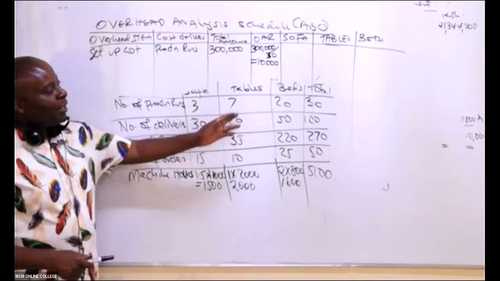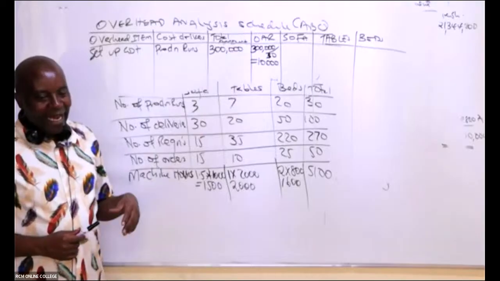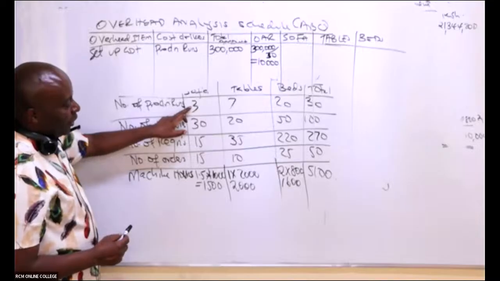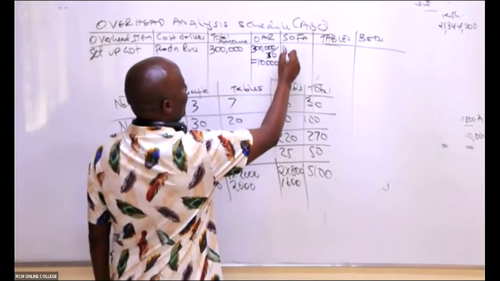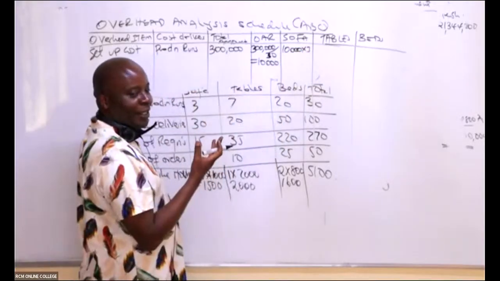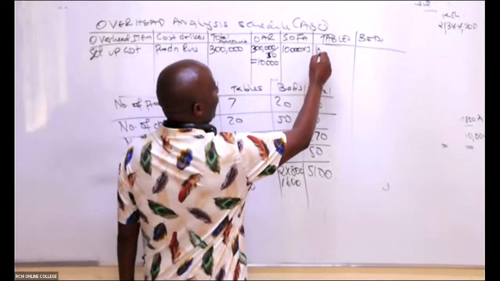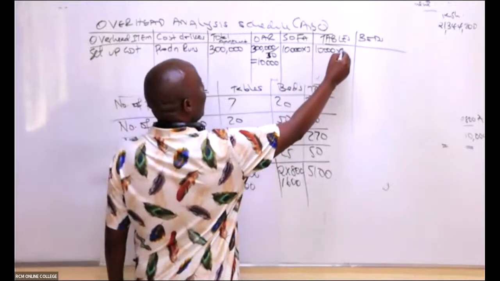So then how do I spread this amount to the sofas, tables, and beds? We have the production runs for sofa sets, isn't it? So then this will be 10,000 times 3. You don't have to do these workings in your exam. If you just understand, you post the answers direct. So this will be 10,000 times number of runs, 7.